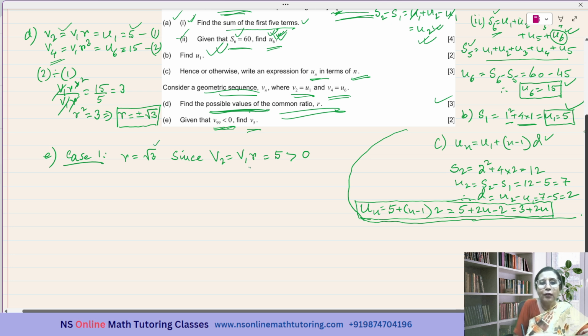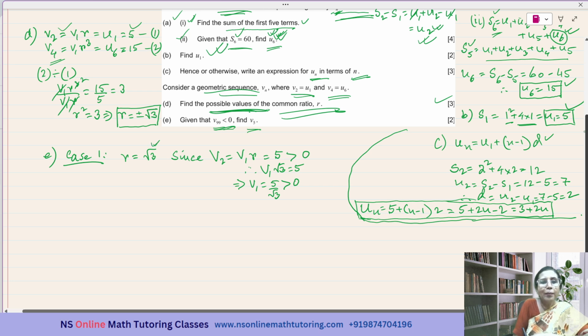So therefore, V1 times root 3 equal to 5, or V1 equal to 5 over root 3. Therefore, V1, the first term, is a positive number.